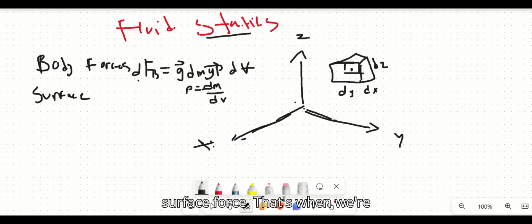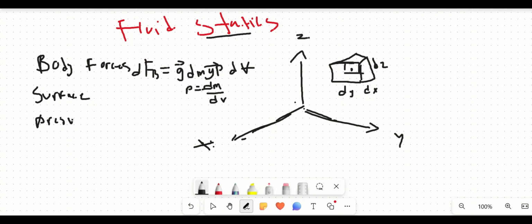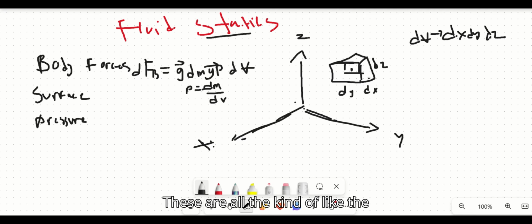And our surface force, which is pressure, we're going to go into right now. So dV can also be rewritten as dx, dy, dz, because this is the length, the width, and the height.